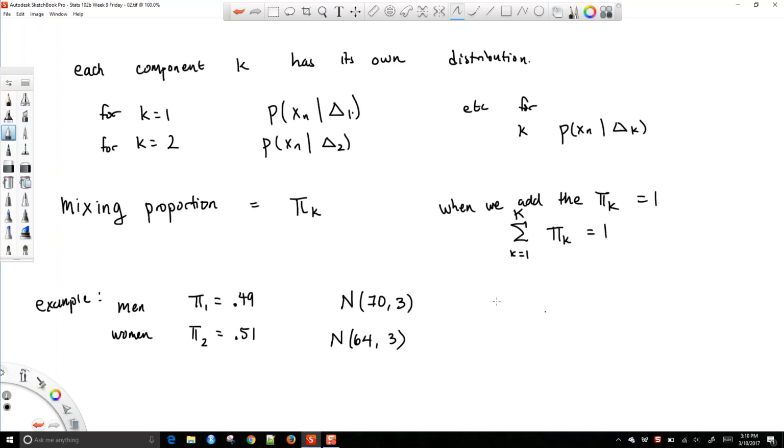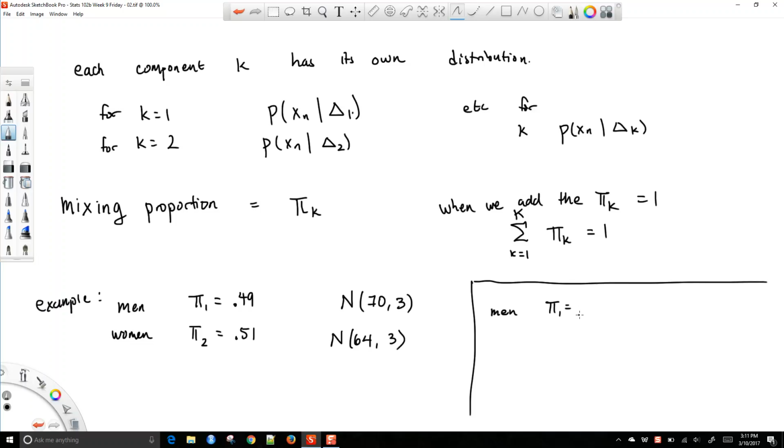But then if we go to the engineering school, this is the mixture component where there's more men. I don't know what the proportion of men in the engineering school is, 70%-ish, something around there.